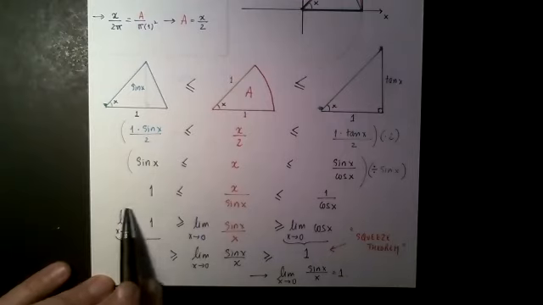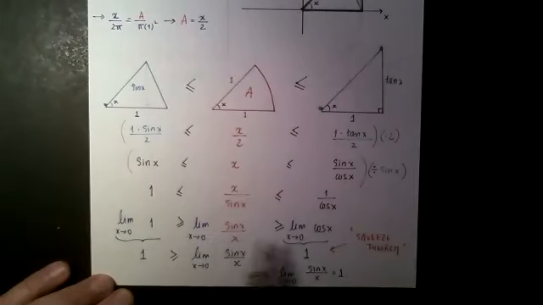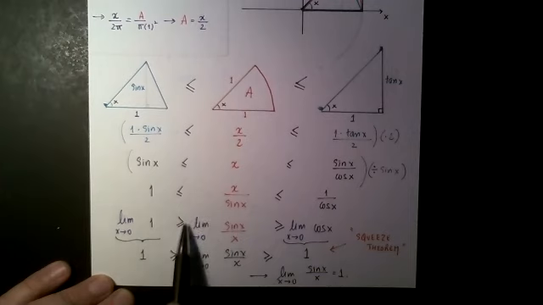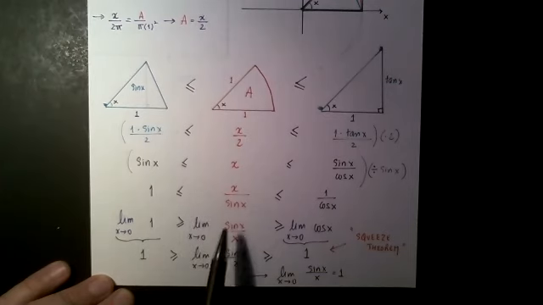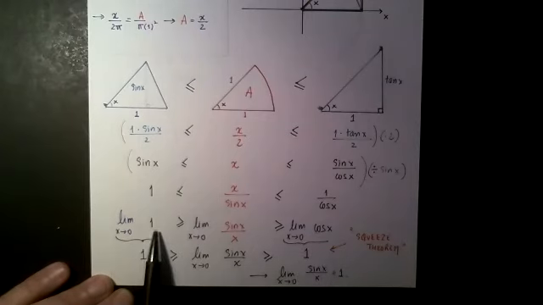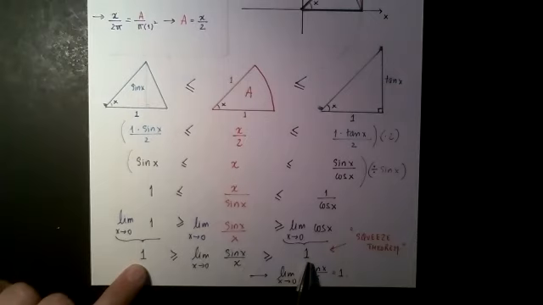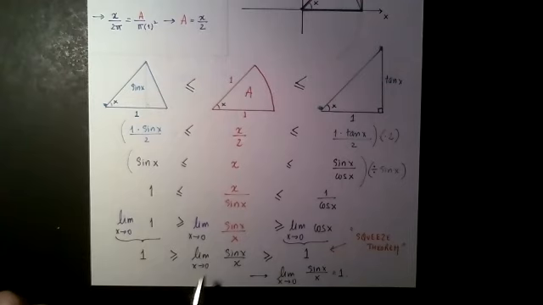Nobody stops me from taking the limit here, here, and here, and it still holds. Now, I don't know what this is; this is what I'm looking for. But I know that this is 1, because if you plug in 0 here, you get 1. And this is obviously just 1. So I just showed that this limit is between 1 and 1, so it has to be 1. It cannot be 1.5; it has to be between 1 and 1.